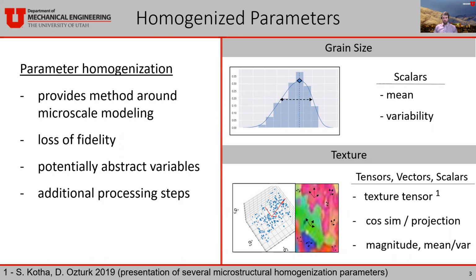So now, with a way of homogenizing heterogeneous material properties, how can those be incorporated into a model? Well, one option is traditional regression methods, and another alternative is more contemporary machine learning techniques like genetic programming-based symbolic regression.